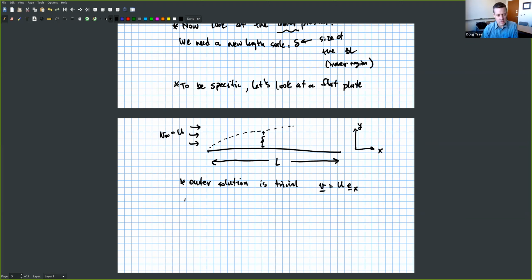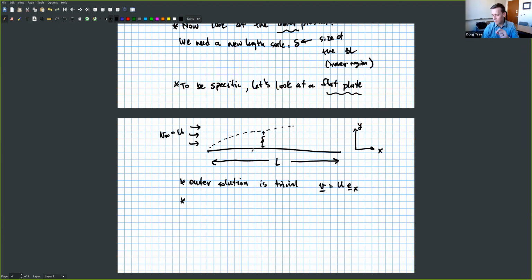The other thing is, it turns out, this is kind of interesting. Another reason why the flat plate is a good problem to look at. It turns out that if delta is really small relative to L, then the curvature of this surface doesn't matter very much. So if you think about a cylinder, right? If I zoom in far enough, it looks like a flat piece.